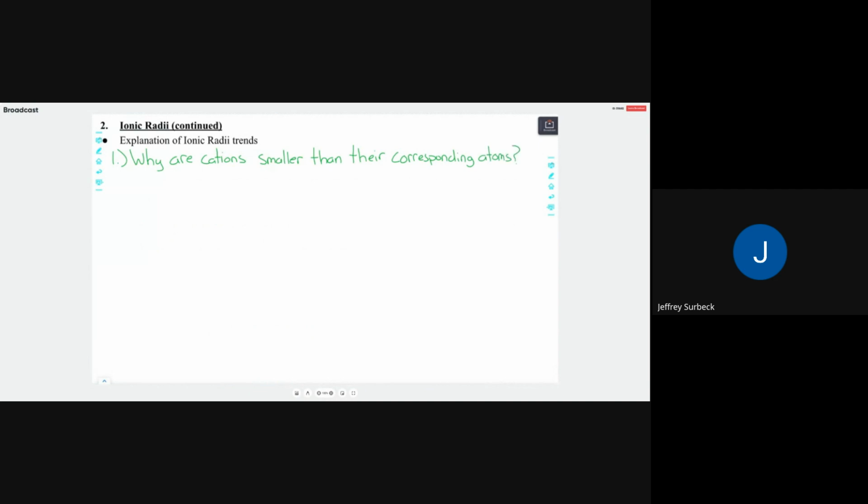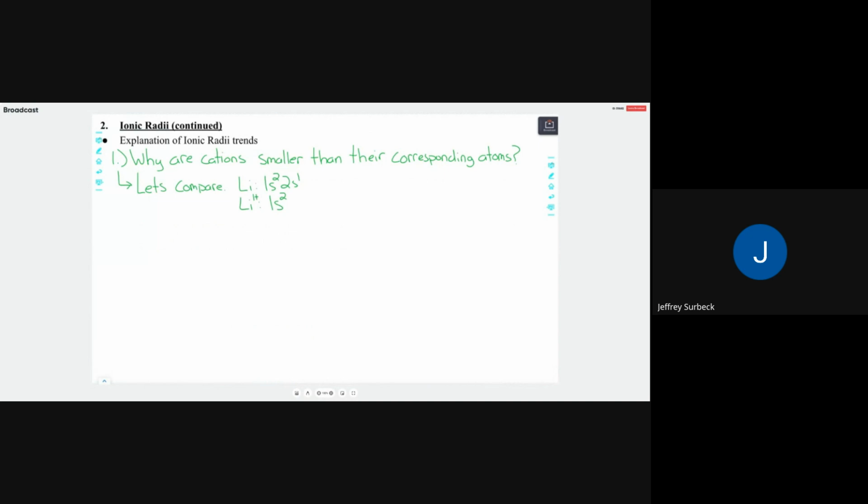Let's utilize our electron configuration and do some comparison, simply with lithium. The lithium atom, not charged, has the electron configuration 1s2, 2s1, whereas the lithium ion with a 1 plus charge simply has the electron configuration of 1s2.